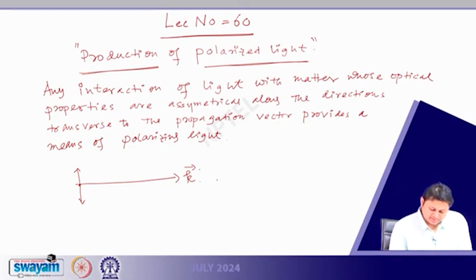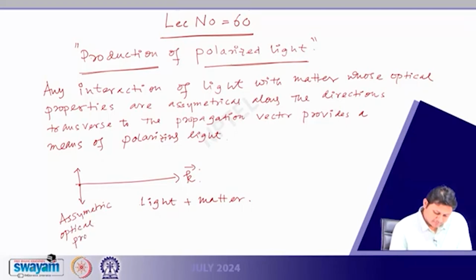Then there is a possibility that in this light matter interaction, with this asymmetric optical property, one can get polarized light as the outcome.